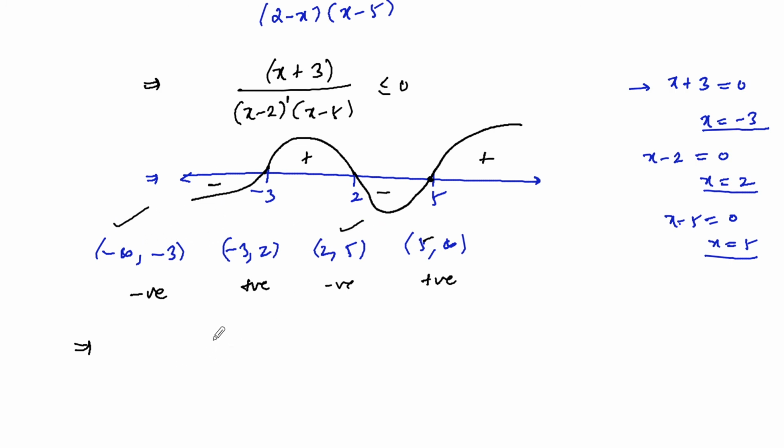Therefore x belongs to minus infinity comma minus 3, where minus 3 is included because it's less than or equals to 0, and union 2 comma 5. 2 is excluded and 5 is also excluded, so we use open brackets for 2 comma 5 because they are in the denominator, we cannot take them. So x belongs to (minus infinity, minus 3] union (2, 5) is the domain of the function.